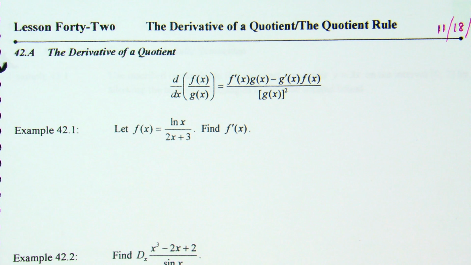Quotient rule, okay, so when we have a division problem, how do we take the derivative? Now, I have heard there are some calculus teachers that never teach the quotient rule. They only teach the product rule. Now, I don't know, maybe you guys would prefer that, but that means in order to do this, you would have to change these to products.